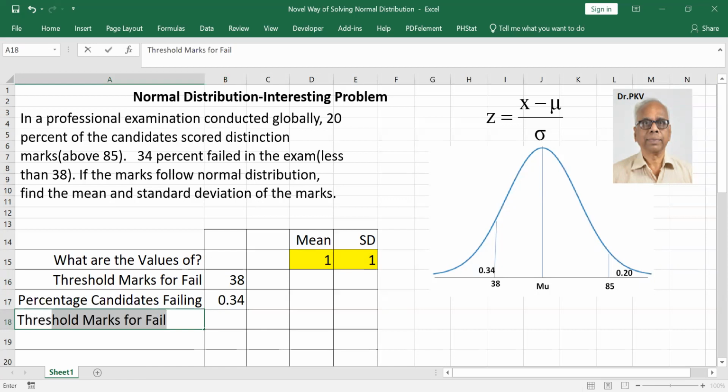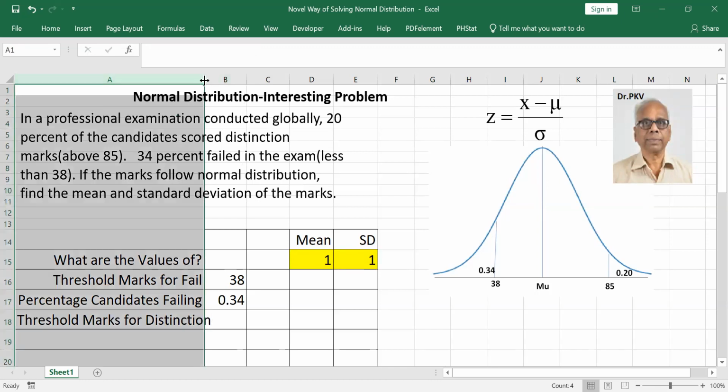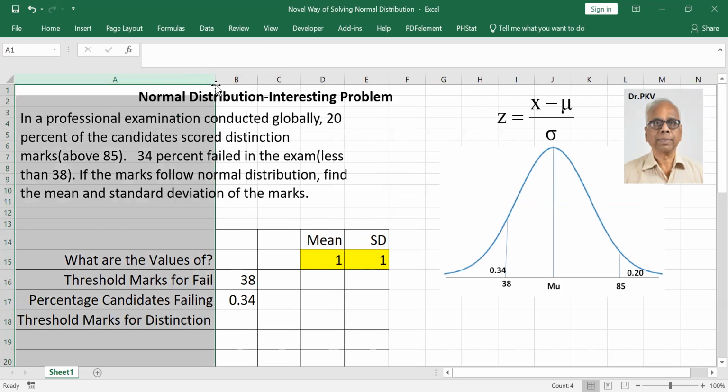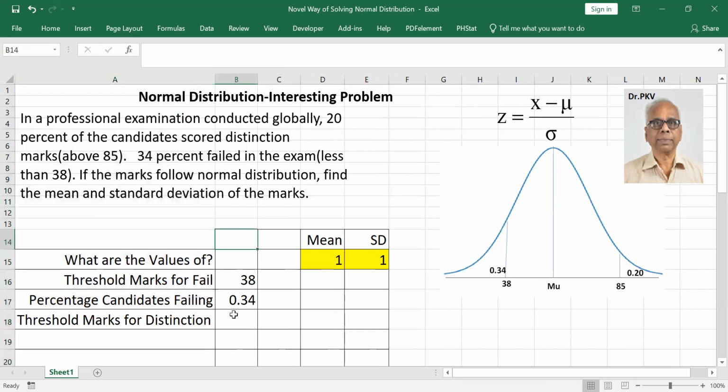Then threshold marks for distinction is 85 and above.